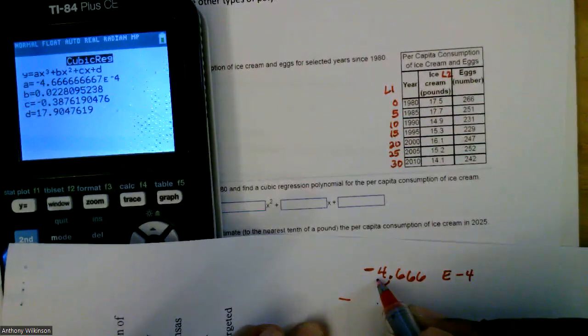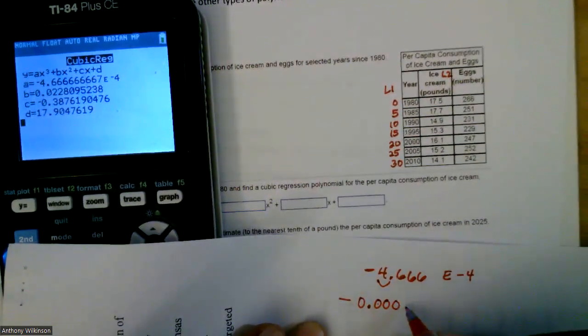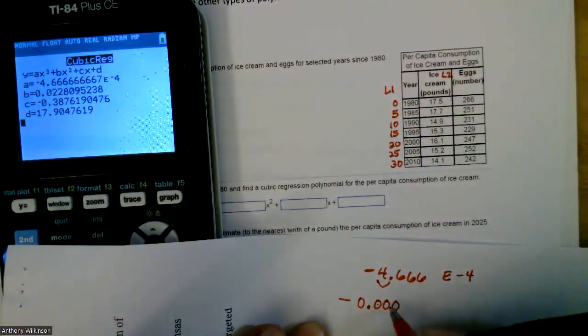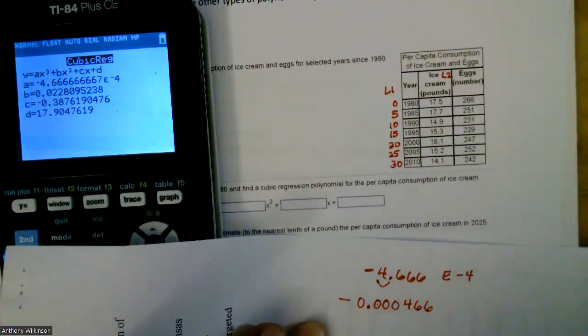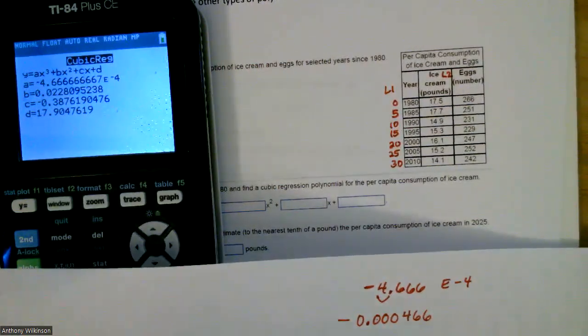So I only got room for 1. I'm going to need 1, 2, 3 zeros. So it'll be negative 0.000466.